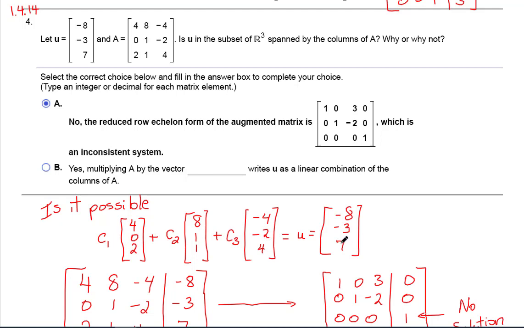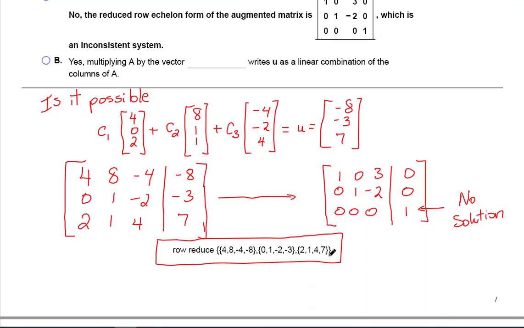This would say that U is in the subset of R3 that is spanned by those columns of A. So we have to solve the system to see if it's possible or not.